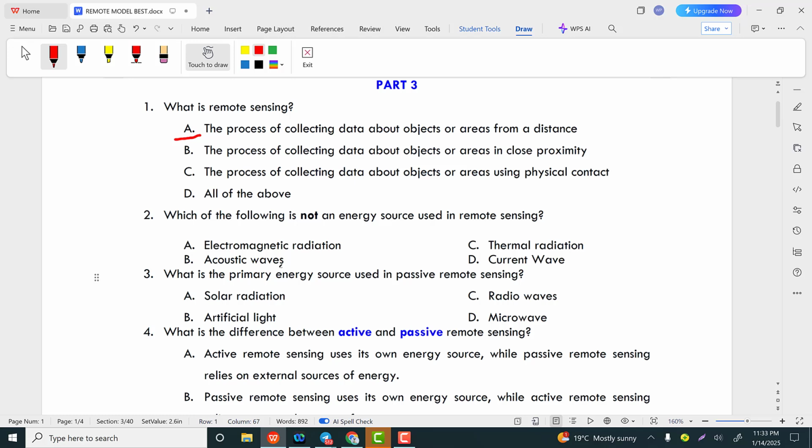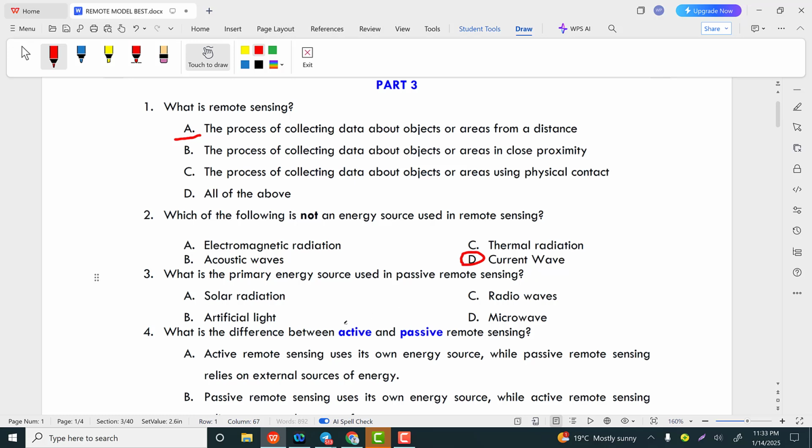C. Thermal radiation is also the component of incoming solar radiation. D. Current wave. Current wave means the wave which occurs within water bodies, mainly due to the gravitational pull of the Earth and Moon. So the current wave is not a source of energy that is applied for remote sensing purposes.